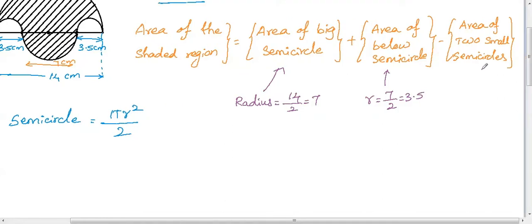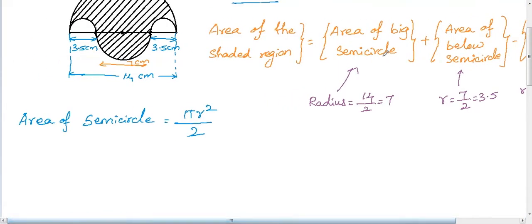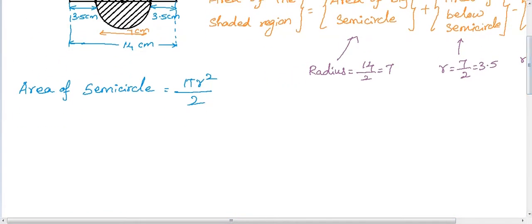The two small semicircles have a diameter of 3.5, so the radius is 3.5 divided by 2, which is nothing but 1.75. So find the area of all three types of semicircles separately.